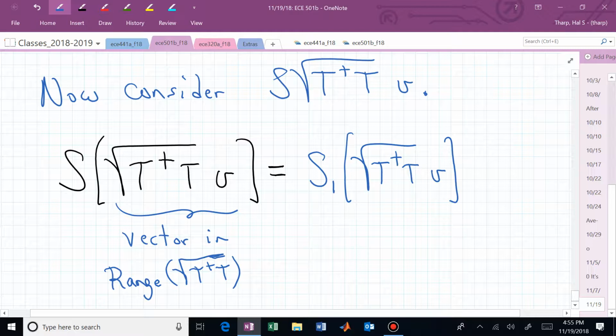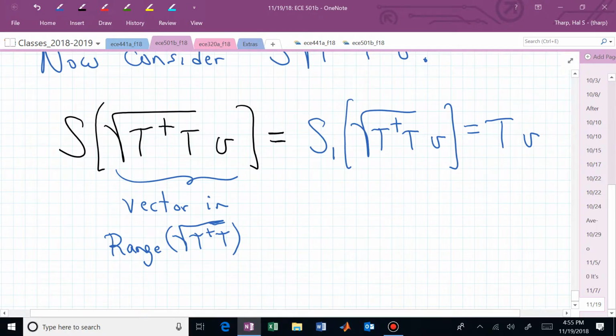But how did we define S1 to begin with? S1 applied to the positive square root of T dagger T v was capital T, our original map. So this is now T v. And this decomposition works for all vectors v.